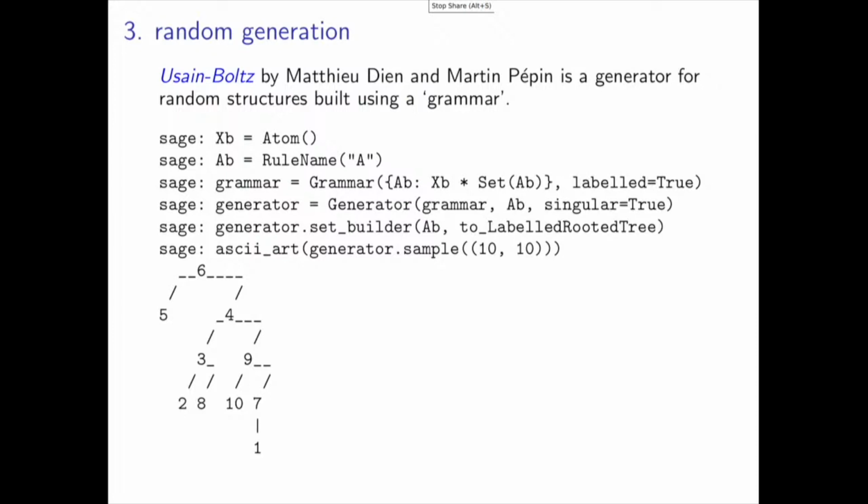There's a package that uses Boltzmann sampling, which is of course called Usain Boltz, by Mathieu Dean and Martin Pepin. Their package, which is not in Sage, it's separate, takes a grammar and produces a Boltzmann sampler for it.